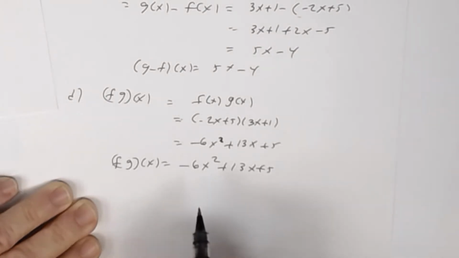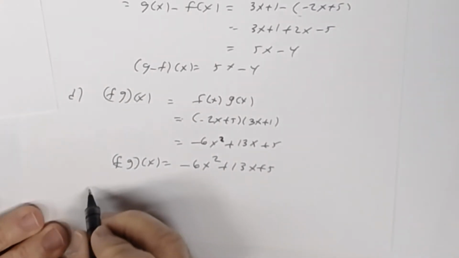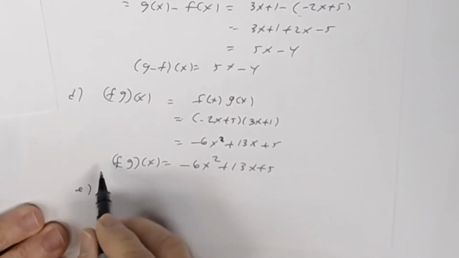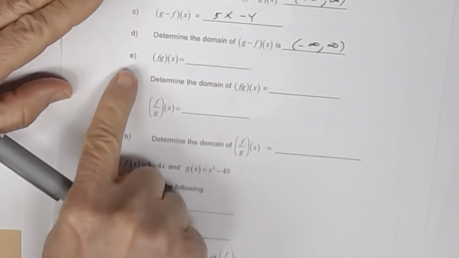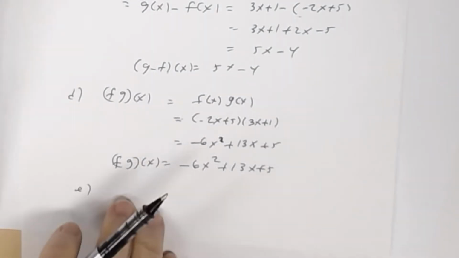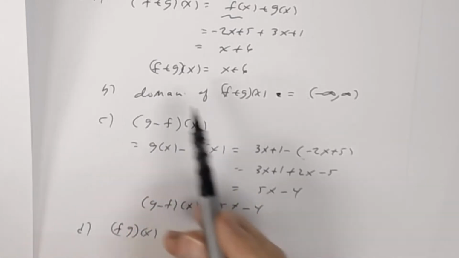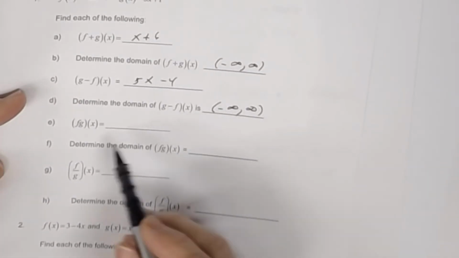If I were to graph this, it would be a parabola, and we know that for all polynomial functions, the domain is all real numbers. Let's see, I'm kind of missing some letter here. So this was A, this was B, C rather, D was this, and this is E, sorry. E I didn't write down, but I just put it here.